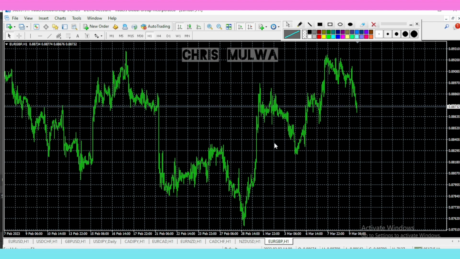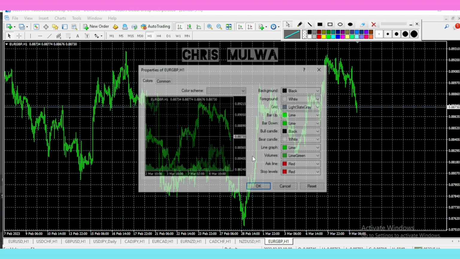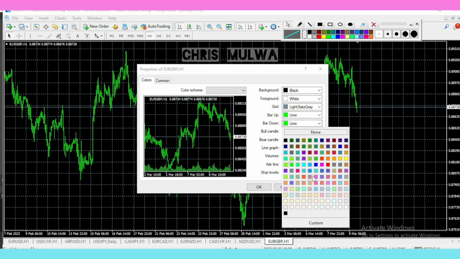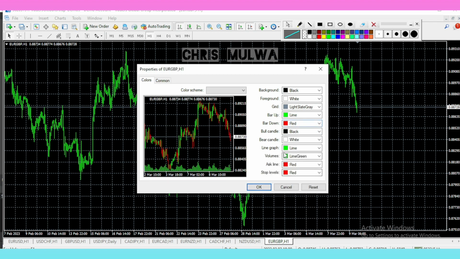So the first thing that we are doing, we are customizing the MT4. You right click, go to properties. Bar down, we are putting red. That is the candlesticks that are moving downwards.